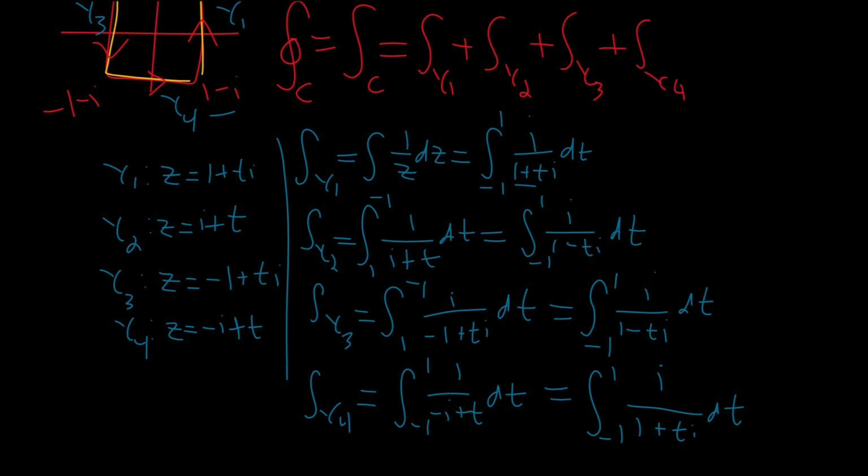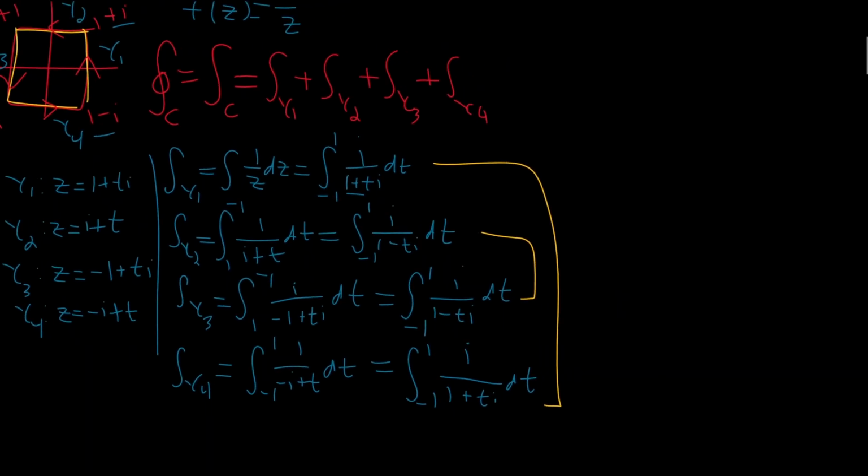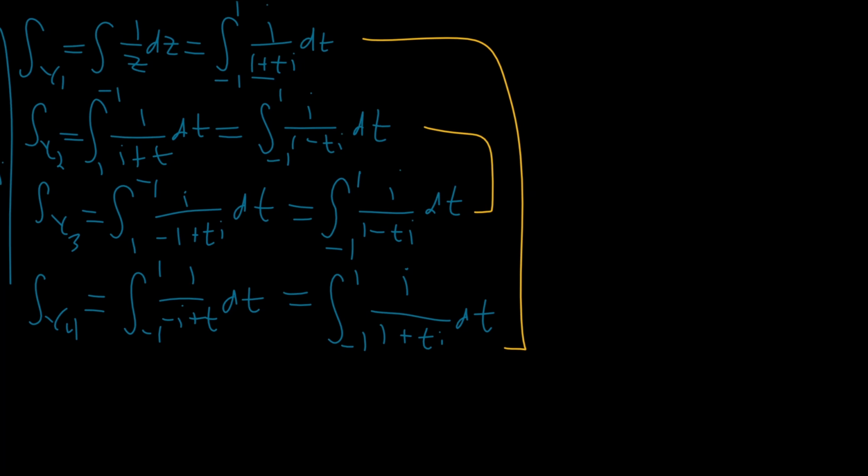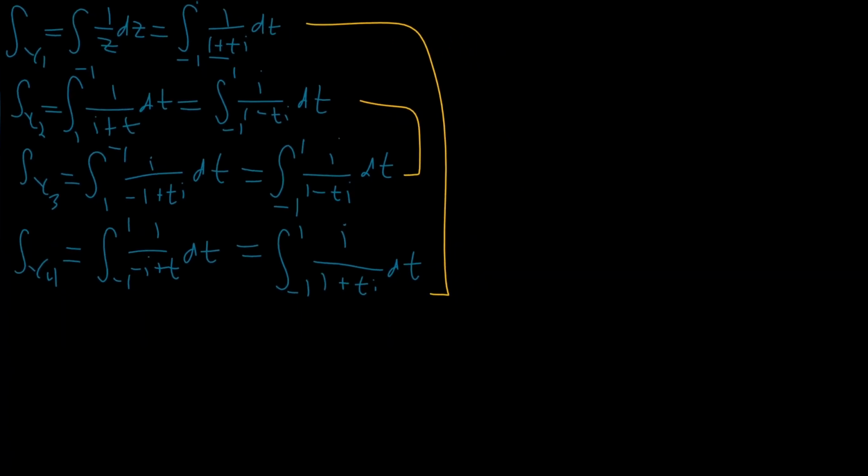So, what do we have here then? Well, you'll notice we actually only have to evaluate two integrals, because these right here are the same, and these right here are in fact the same. So our total contour integral, I'm going to zoom in right here, and write this off to the side, is going to be equal to the integral from negative 1 to 1 of 1 over 1 plus ti dt. Sorry, there should be a 2 there: 2 times the integral from negative 1 to 1 of that.